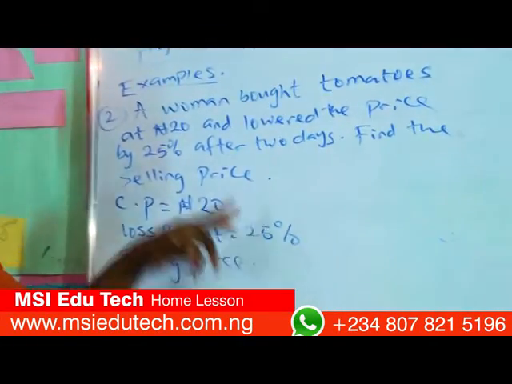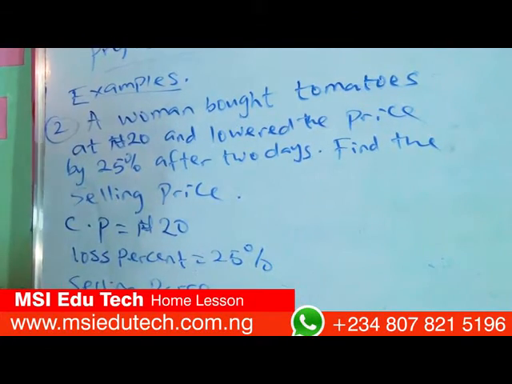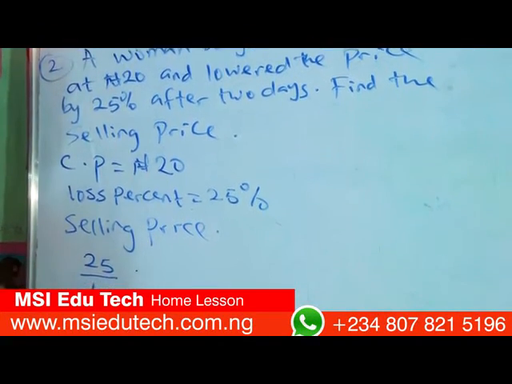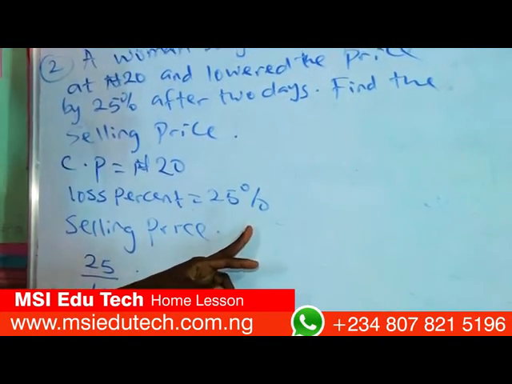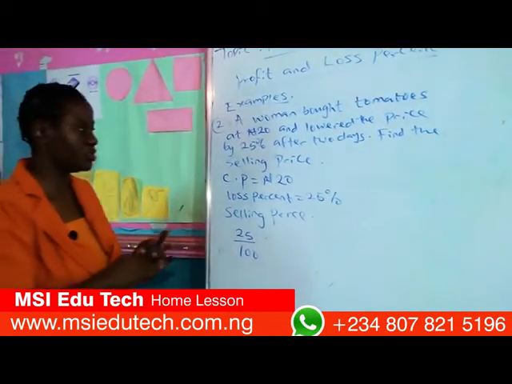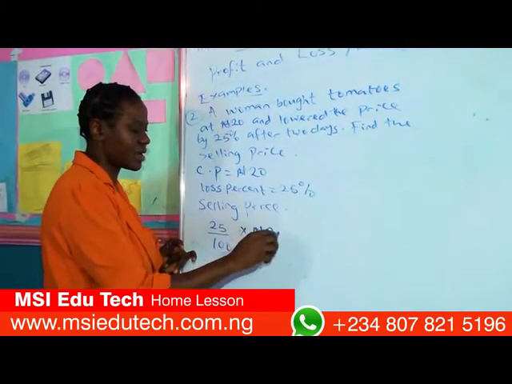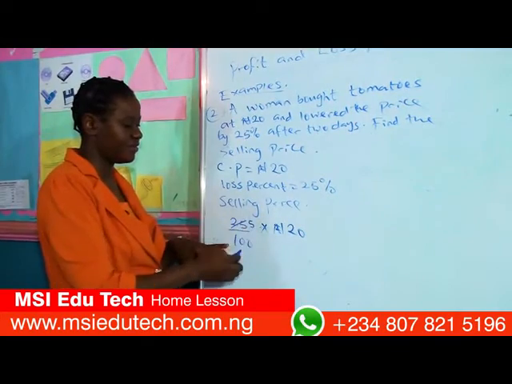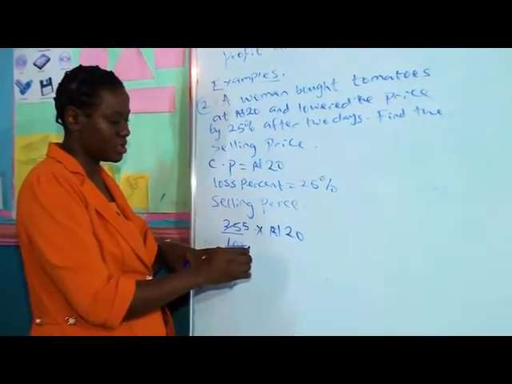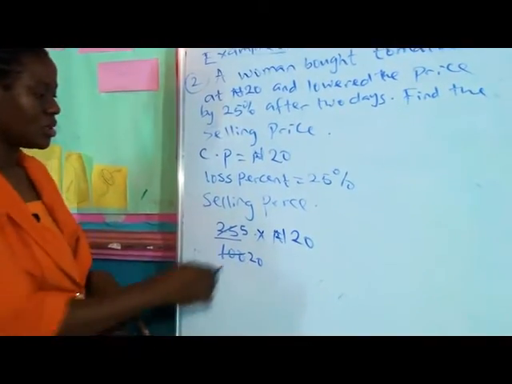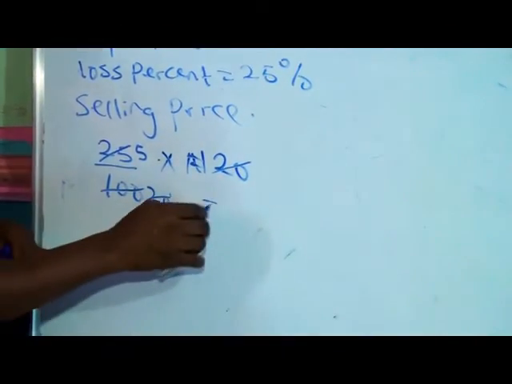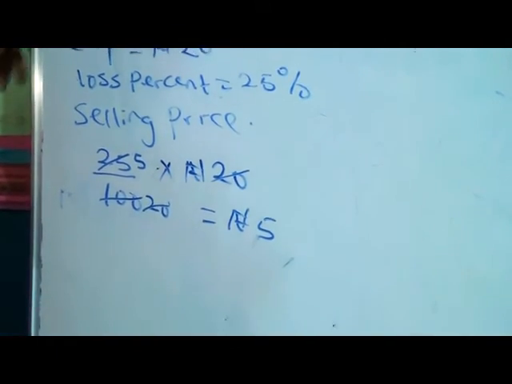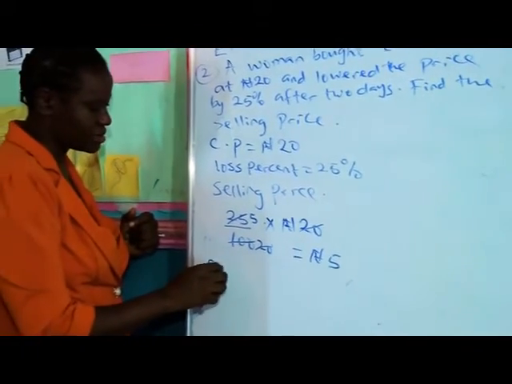We need to find 25% of 20 naira. So we have 25 over 100 times 20 naira. 5 divides 25 to give us 5, and 5 divides 100 to give us 20. 20 crosses out 20 here, so she had reduced the price by 5 naira.